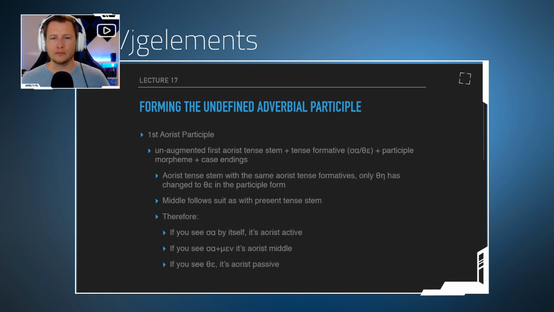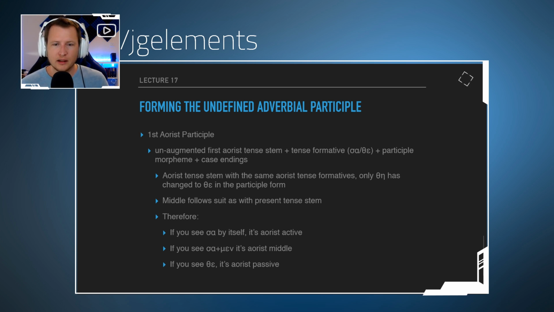So how do you form the undefined adverbial participle? Well, if you're dealing with a first aorist participle, you take the unaugmented first aorist tense stem. So there's no epsilon or eta at the beginning. Okay, but you have the first aorist tense stem. Then you have the tense formative. It's either going to be sigma alpha or it's going to be theta epsilon. Okay, it's sigma alpha for the active and middle.